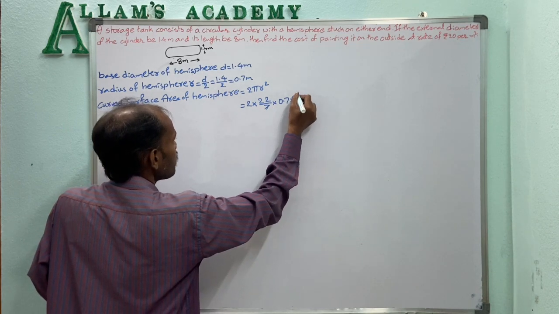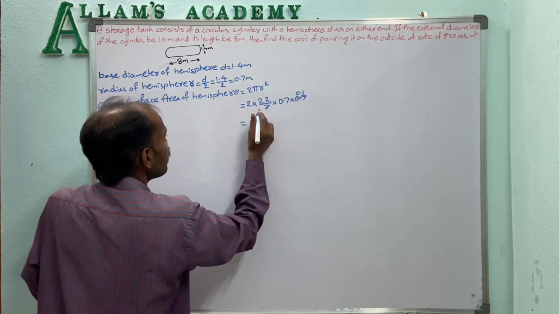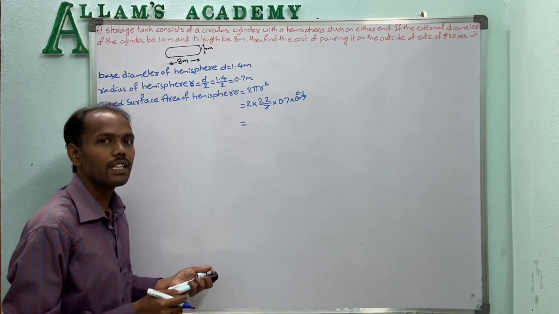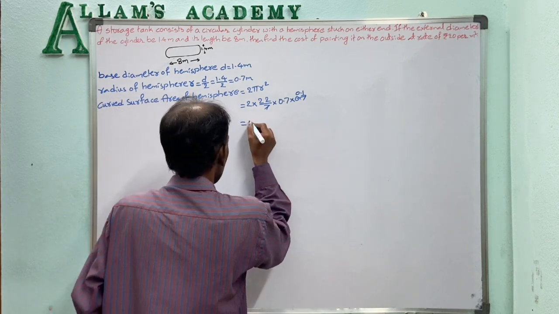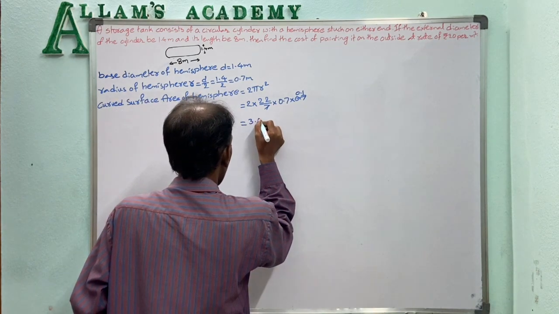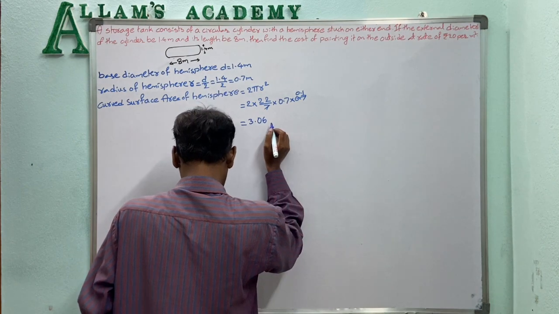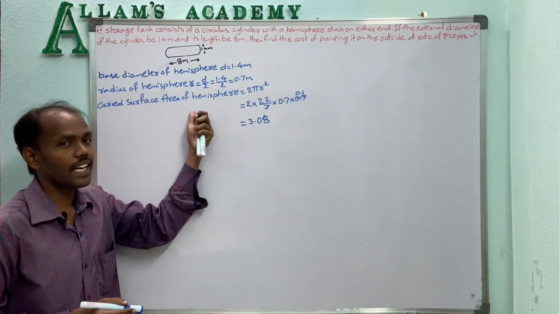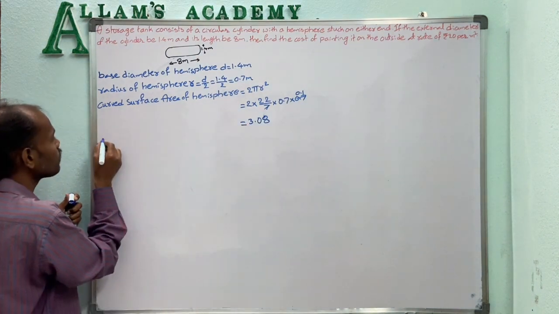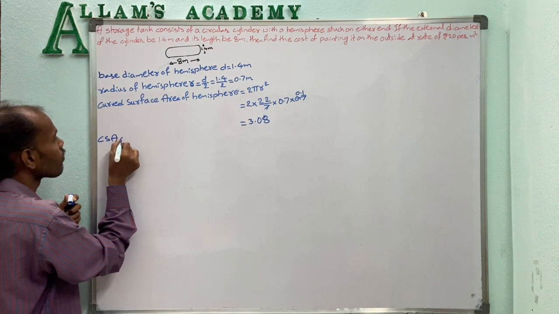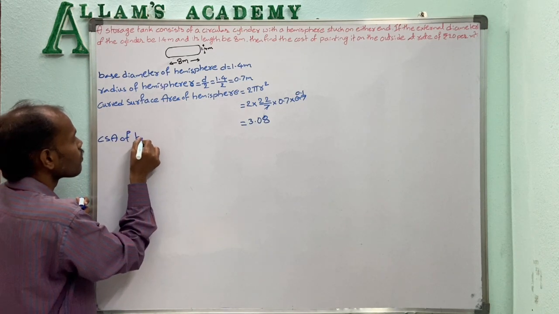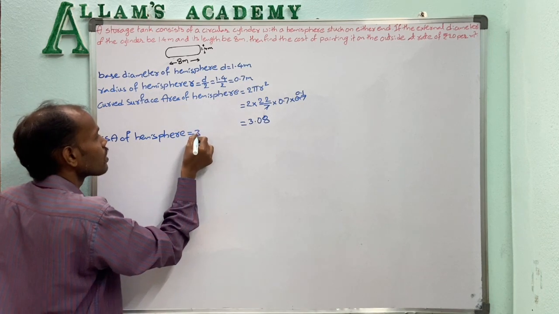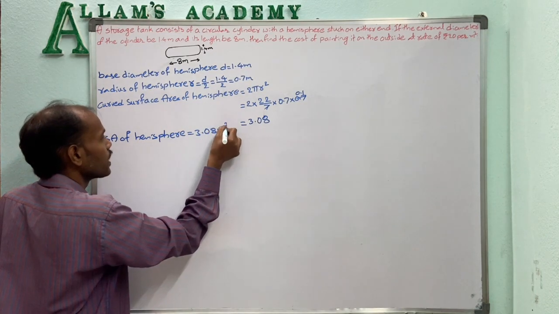So 7 ones are 7, so 2 into 22 into 0.7 into 0.1, that is nothing but 3.08. The curved surface area of a hemisphere equals 3.08 meter square.